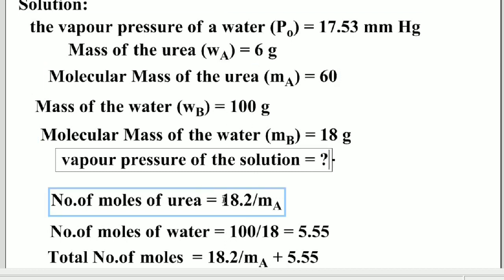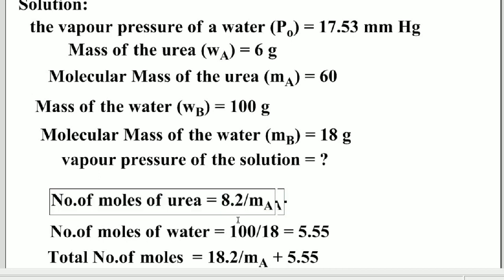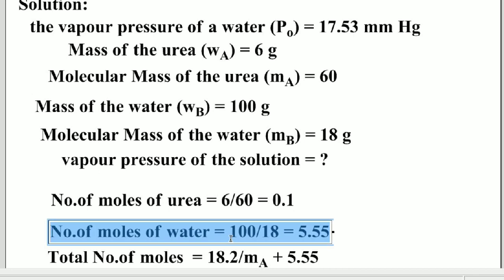So students, number of moles of urea is equal to 6 by 60, because weight of urea by molecular mass of urea is the number of moles of urea. Therefore number of moles of urea is 0.1, and number of moles of water is 100 by 18, that is 5.55.